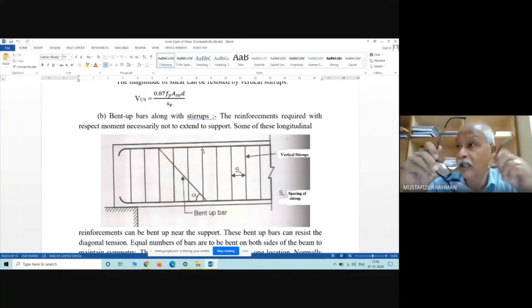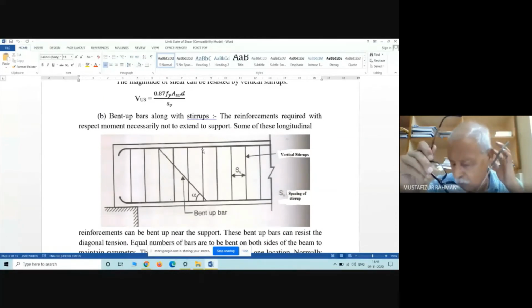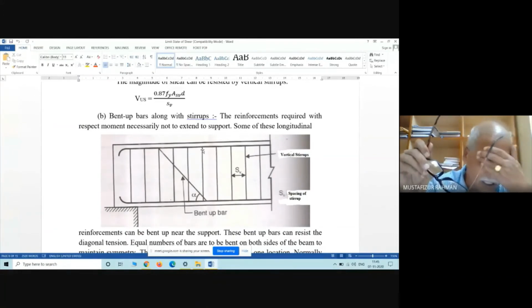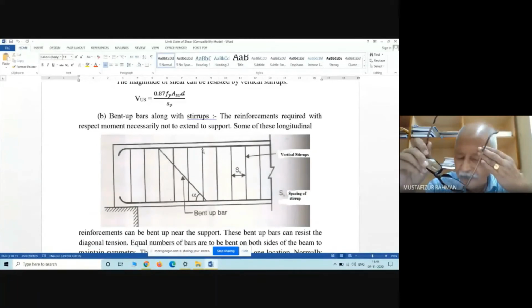So you got number one, the use of stirrup is to keep the reinforcement, both in compression zone as well as tension zone, in its own position, to prevent the bulging out of the concrete, and to increase the axial load resisting capacity of the main rod in compression.